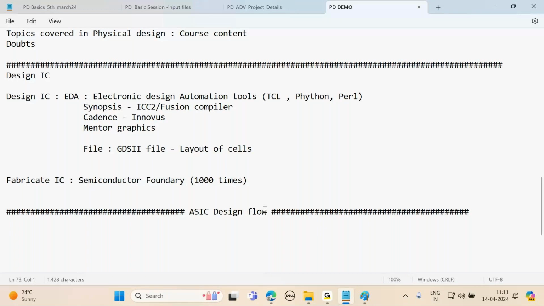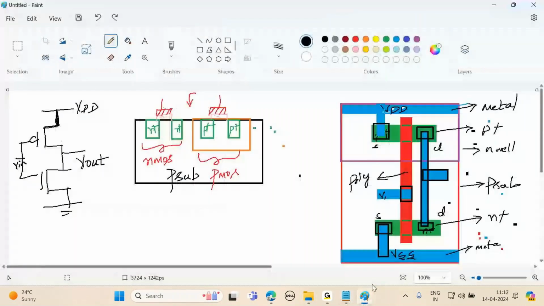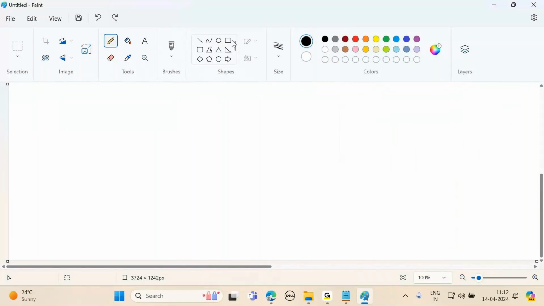So ASIC design flow first starts with specification. Specification of IC means what is IC, what is the content of IC? See, this is IC, total IC.